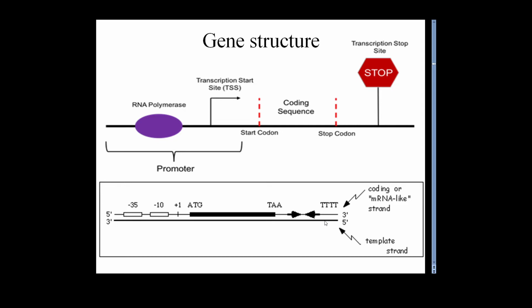Well, again, repeating: one strand, the template strand, is oriented from 3 to 5 prime end. You see, from 5 to 3 prime end, the complementary antiparallel strand is called the coding strand, with a sequence which corresponds to messenger RNA.